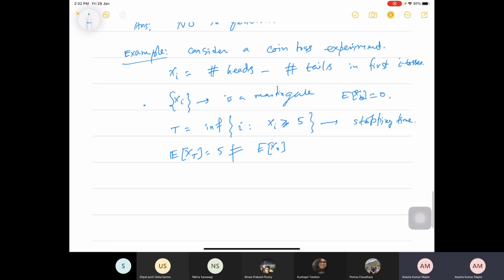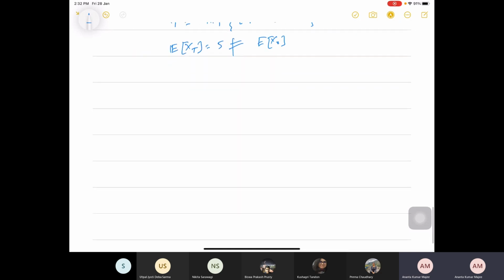Okay, so under what condition this will hold is given by the so-called optional sampling theorem. I am writing it down in theorem form. You will see one nice example for that. Optional stopping theorem.